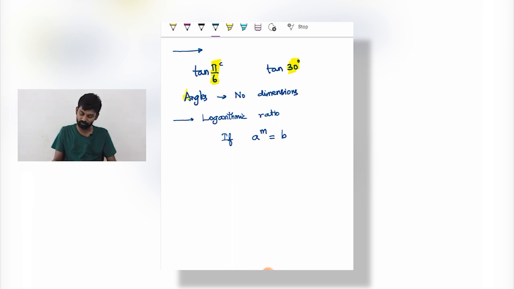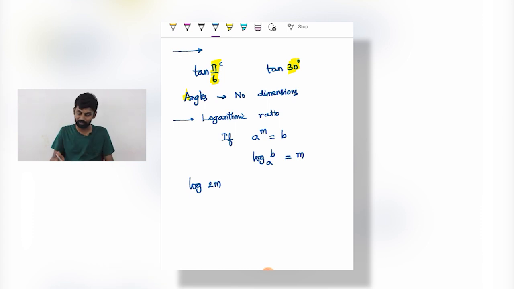So, what is the definition of logarithm? Log b to the base a is the exponent, which is nothing but m. This is the definition of logarithm. Now, in these logarithmic ratios, suppose I am going to find out log 2 meter.